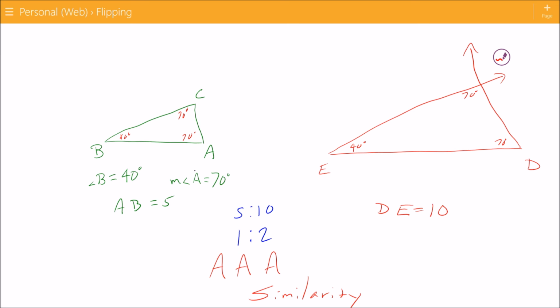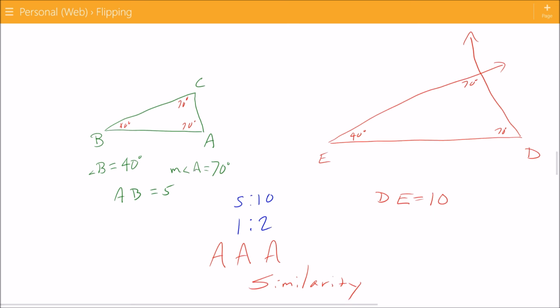And I will be able to see that although the sides are not going to be congruent, they are going to hold on to the same ratios. You've basically got, for lack of a better term, kind of a mini triangle on the left, same angle measures, 40, 70, 70, and then its larger sibling here on the right, 40, 70, 70.